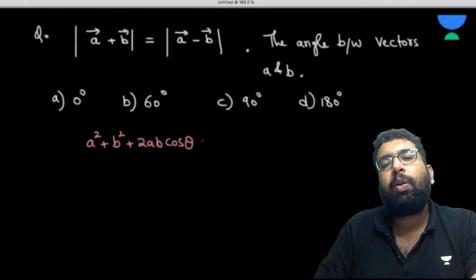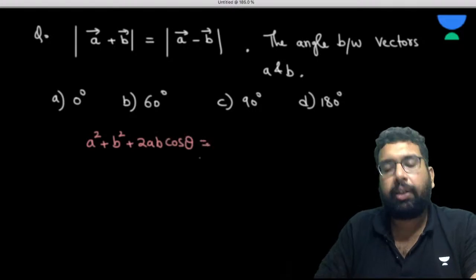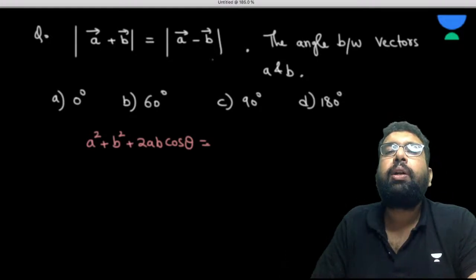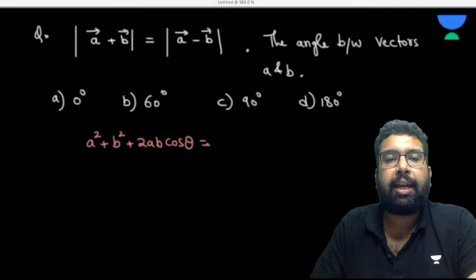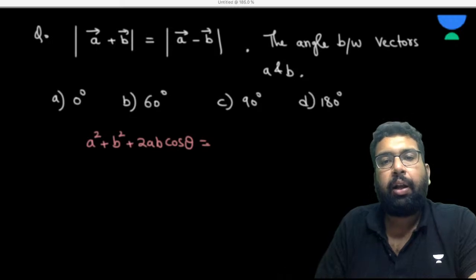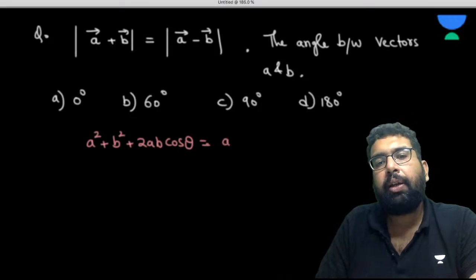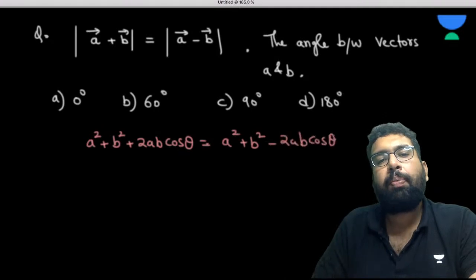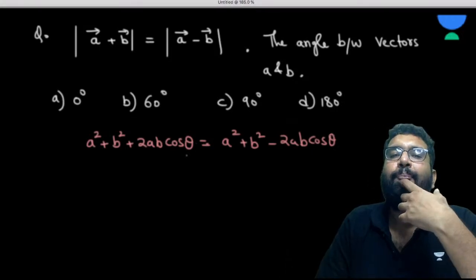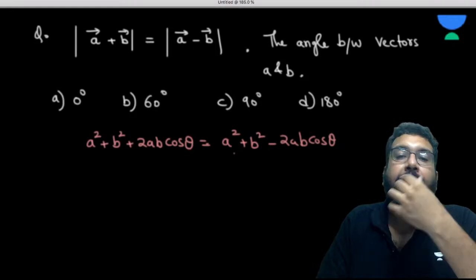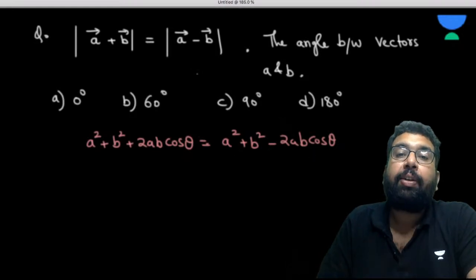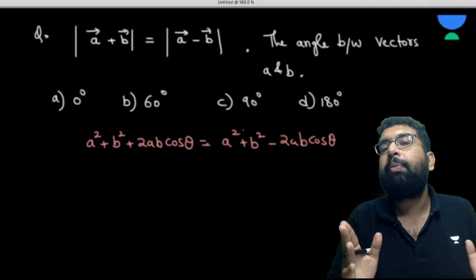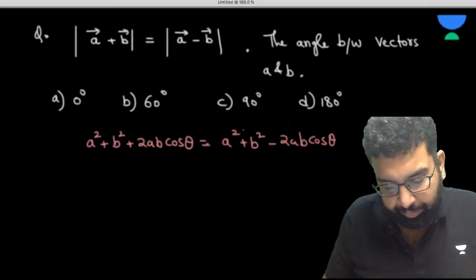And now vector A minus vector B is the magnitude of the resultant of these two vectors, so the formula is A square plus B square minus 2AB cos theta. Both are equal, so can we write like this? And theta is the same in both the formulas. It is the angle between A and B.